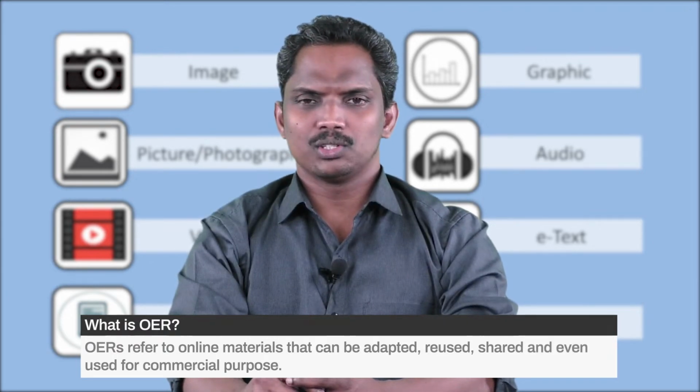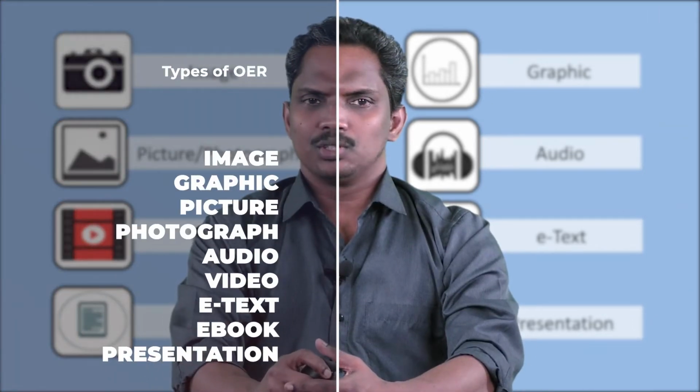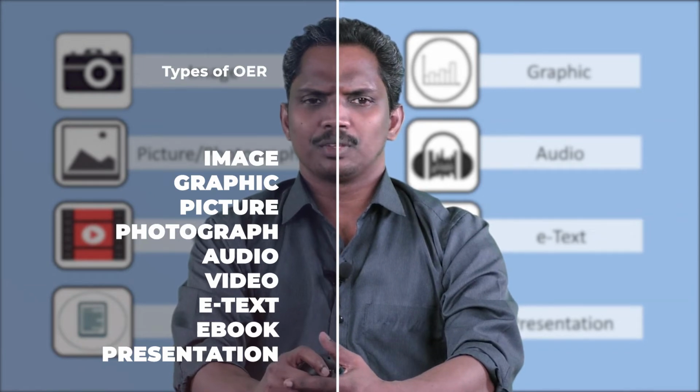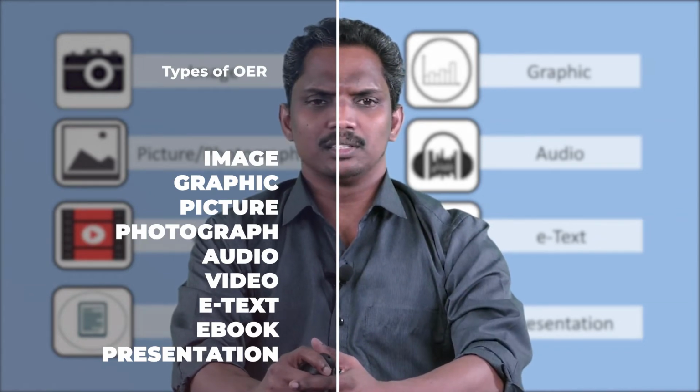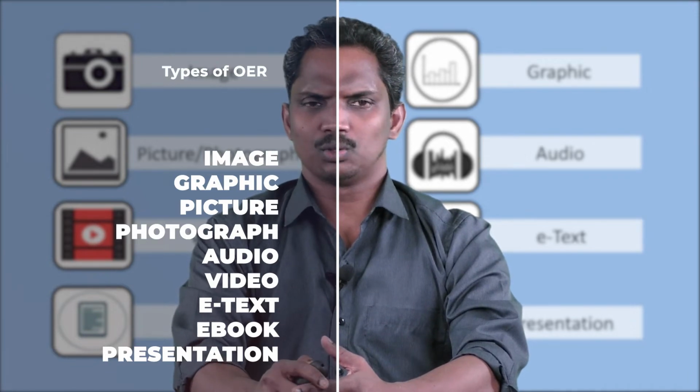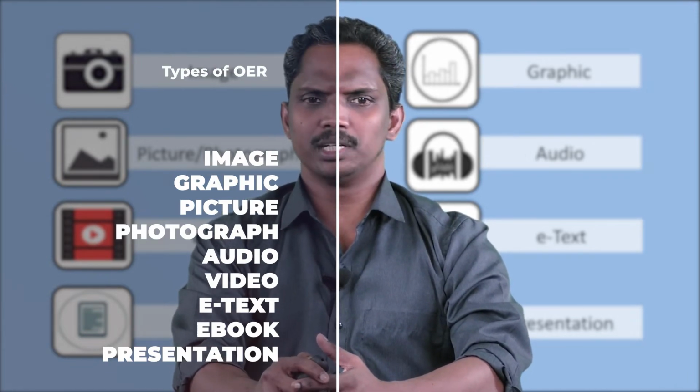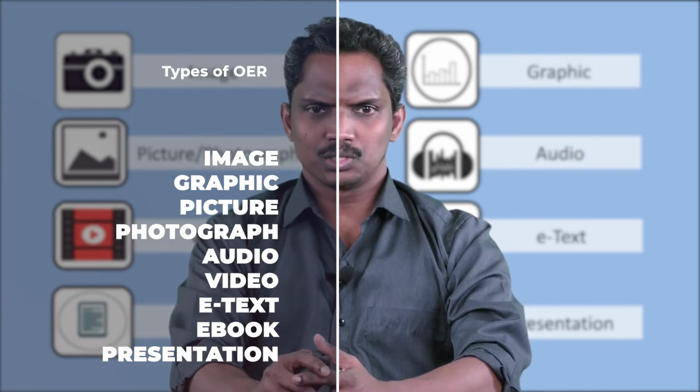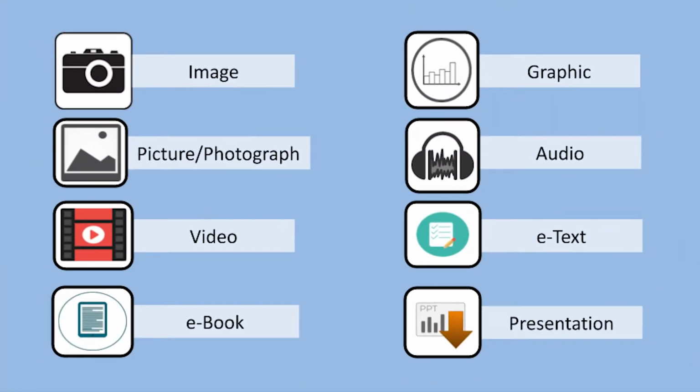We have also discussed the various types of OER. It includes almost all types of digital teaching learning resources, such as images, graphics, pictures, and the digital resources that you are seeing on the screen. Not only that, it includes animations, simulations, and the digital resources which you are seeing on the screen.